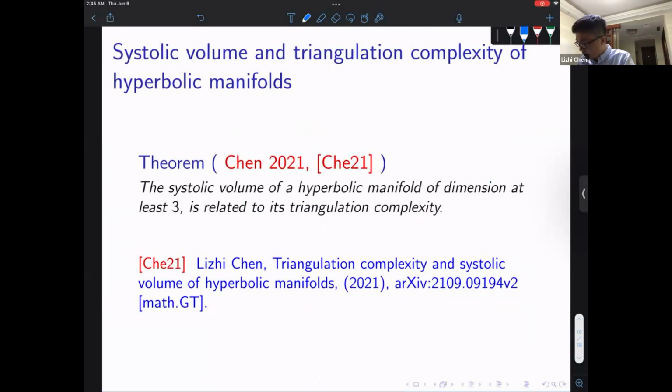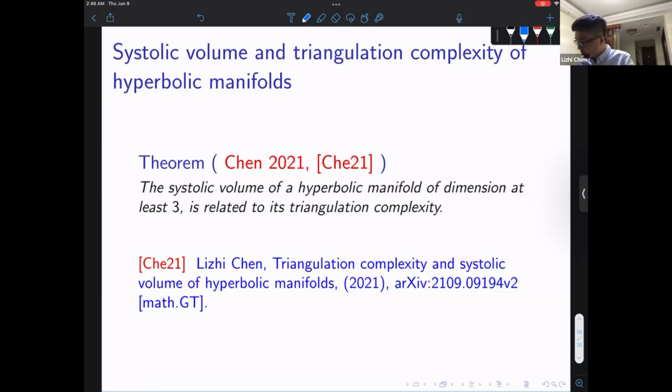The triangulation complexity is a natural invariant to represent how complicated the manifold is. This is maybe one motivation for why I want to do this problem.